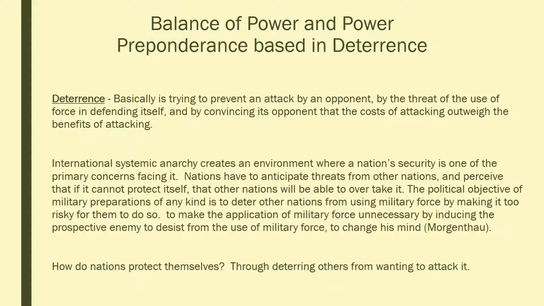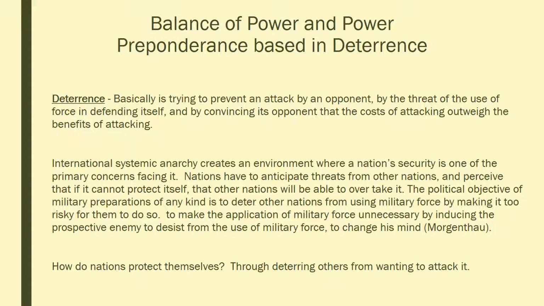Well, one way to do that is to show them that you have at least as much power as they do. That's balance of power theory. And another way to do that is to show them that you have overwhelming power. That's power preponderance theory. But both of these are aimed at deterrence, deterring another country from attacking you, convincing your opponent that the costs of attacking you are going to outweigh the benefits.